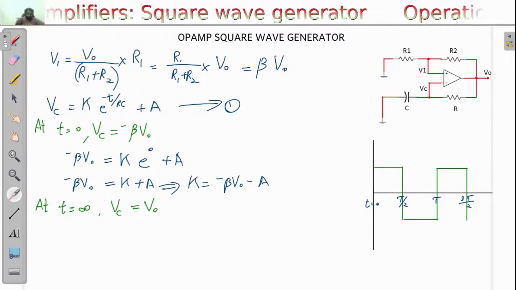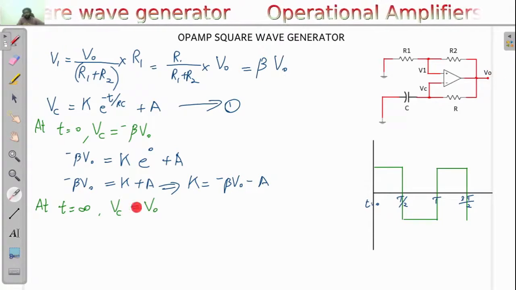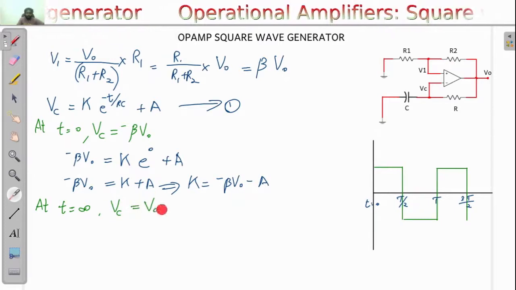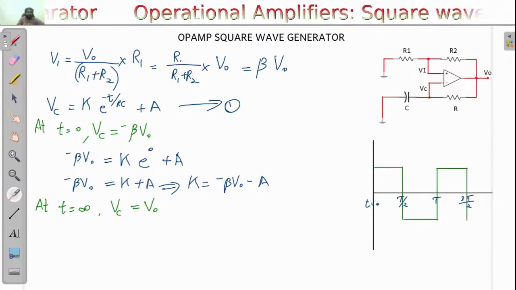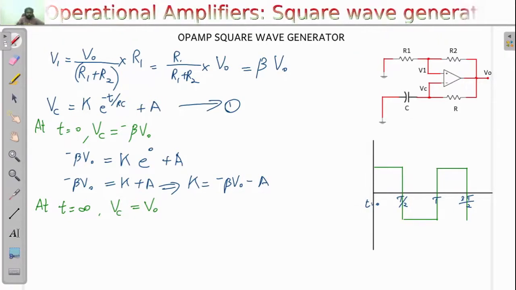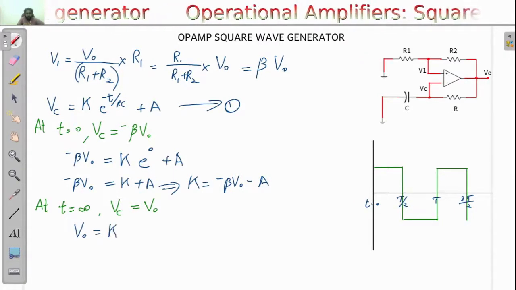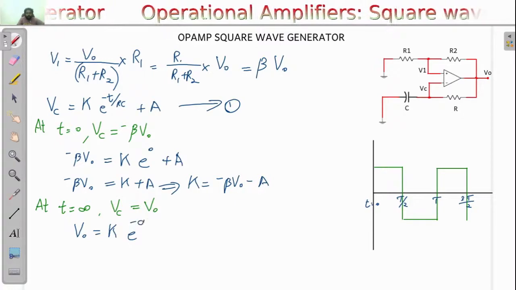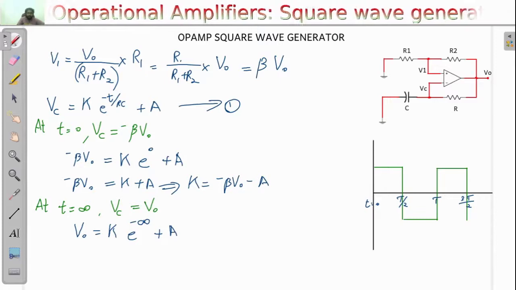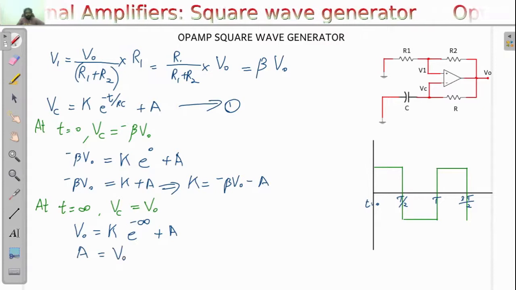If the output voltage is kept at VO till infinity, then the capacitor voltage will attain the output voltage. So we can write the capacitor's voltage as VC equal to VO. When you substitute that in this equation, the capacitor voltage VO is equal to K e raised to minus infinity, which is going to be 0, plus A. So this term is 0, and you get A is equal to VO.